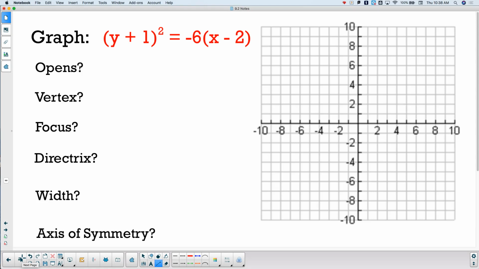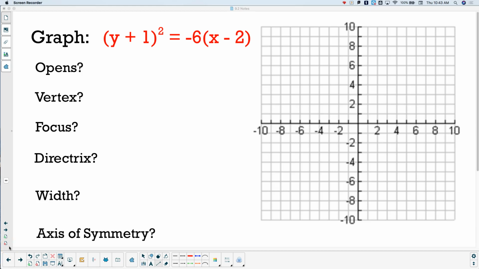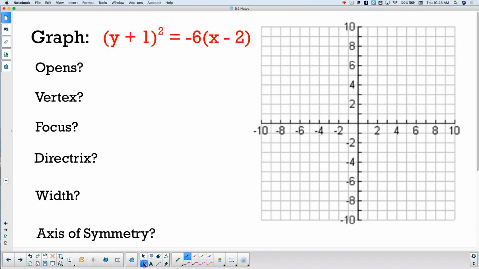Just when you think you have all the answers, I go and I change all the questions. Opening and why? It opens left because y is squared and the coefficient is -6. Love it. So this one opens to the left because the y is squared and this number right there is negative.